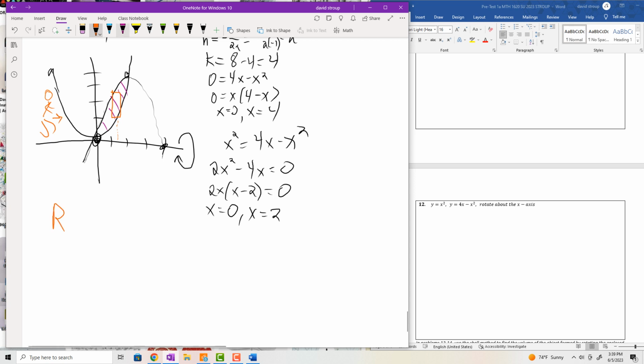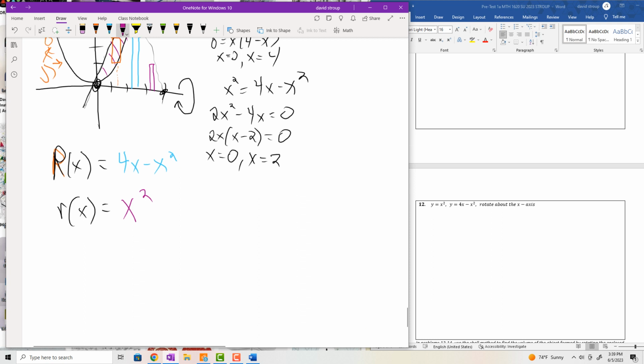We need a formula for the big radius and then the little radius. The big radius is the distance to the top of the rectangle, and that is given by the upside-down parabola, which is 4x minus x squared. And then the little radius is the distance to the bottom of the rectangle, and that's given by y equals x squared.